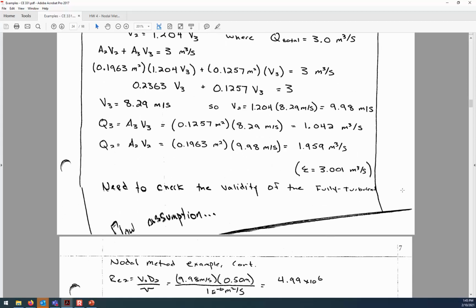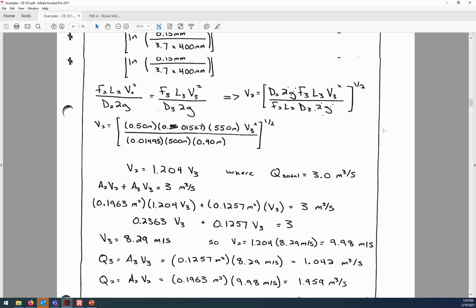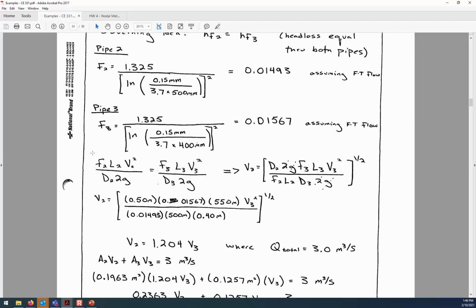But if it had been that maybe we got a pretty significantly different F value, then what that would mean is that now you take this F value and that one and redo it at this point. I guess it wouldn't be the end of the world, right? We've already set everything up.